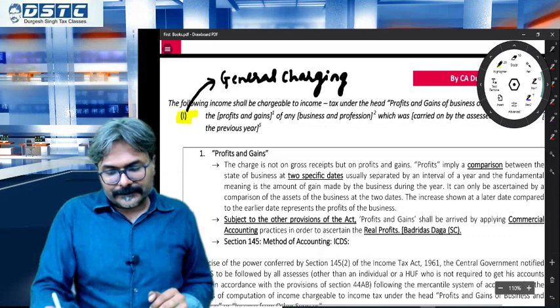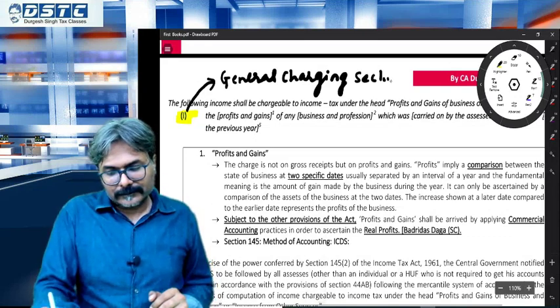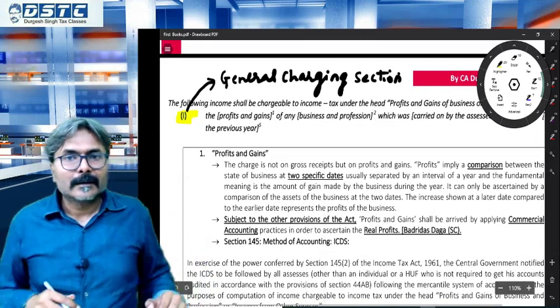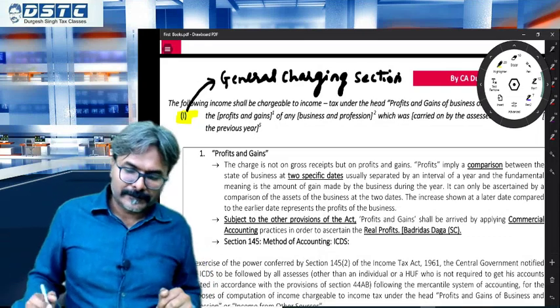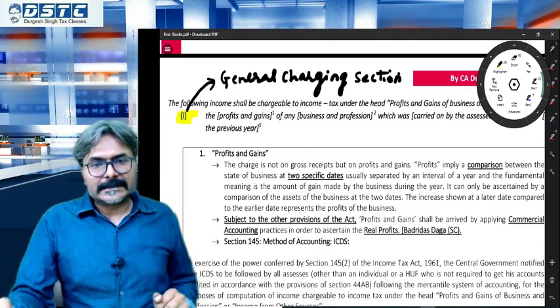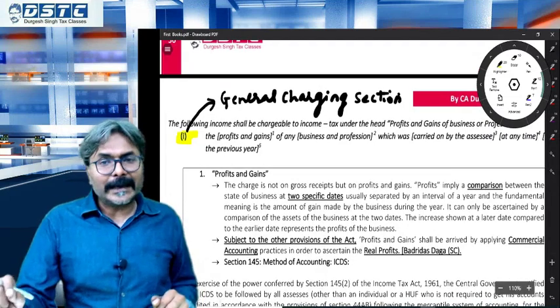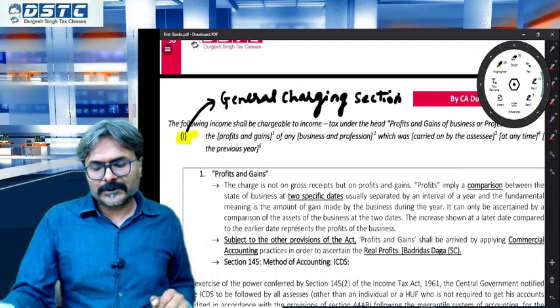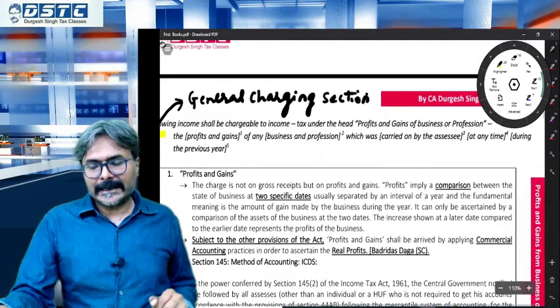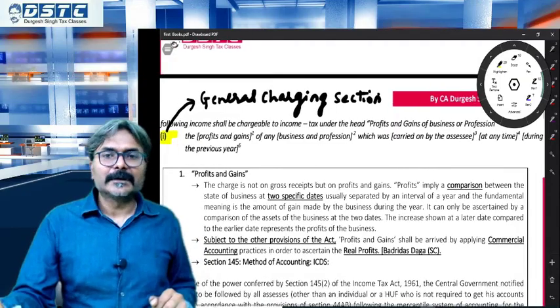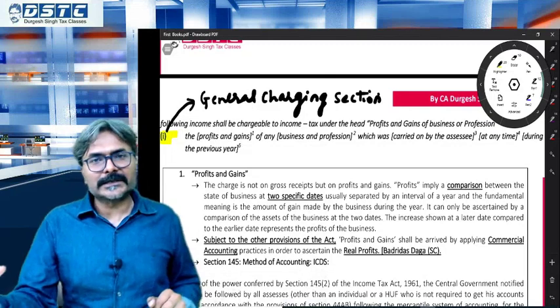What it says: the profit and gains of any business and profession which was carried on by the assessee at any time during the previous year. This is your general charging section.